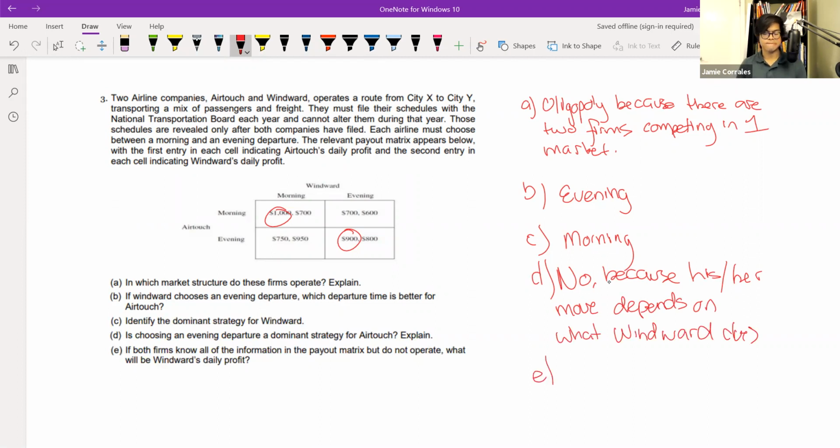E, if both firms know all of the information in the payoff matrix but do not cooperate, what will Windward's daily profit be? So we have to figure out the Nash equilibrium. We know that Windward is always going to do morning, that's its dominant strategy. So what is Air Touche going to do?